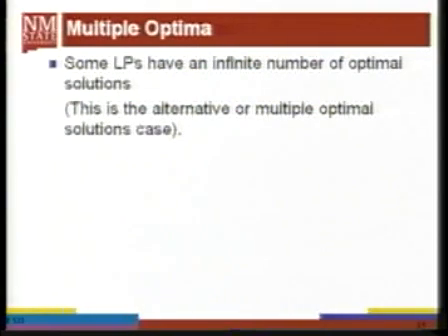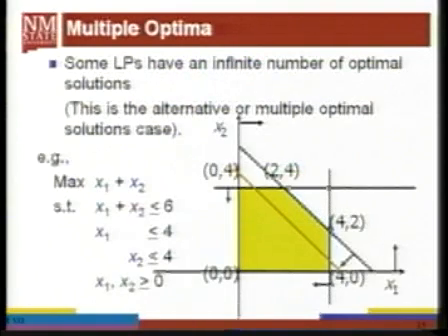Then what other possibilities could we have other than the unique optimal solution case? This is the case that we've seen with an example, right? I said this about the infinite number of optimal solutions case. For example, in this case, one of the constraints has the same slope as the isovalue line, right?